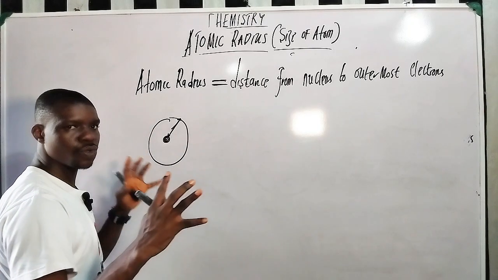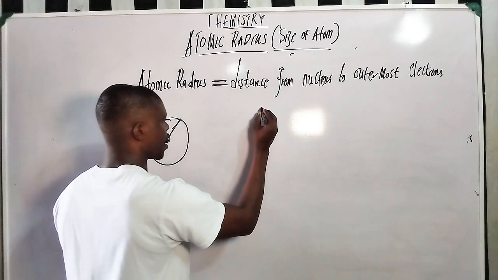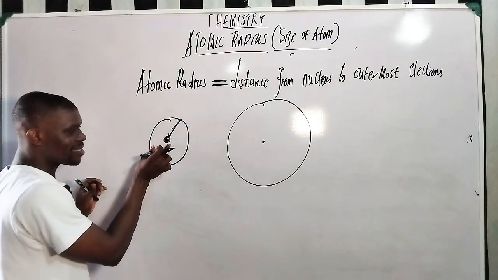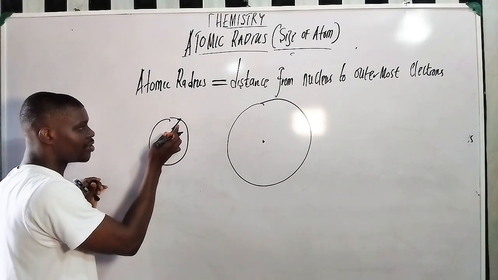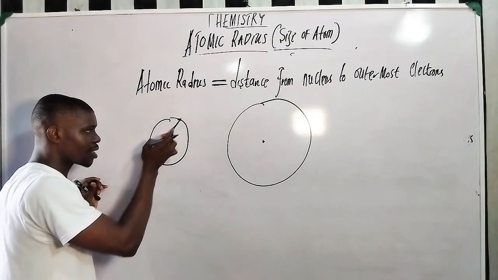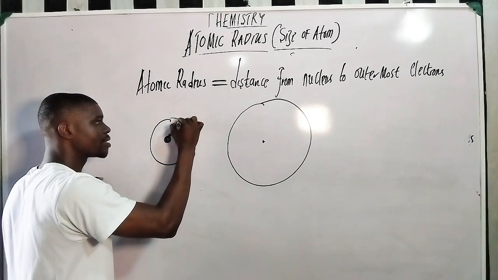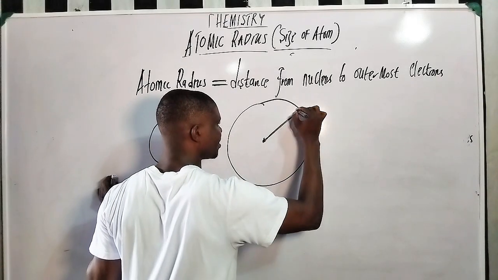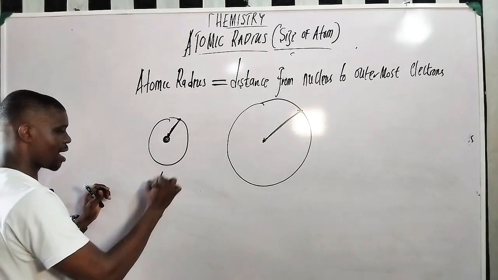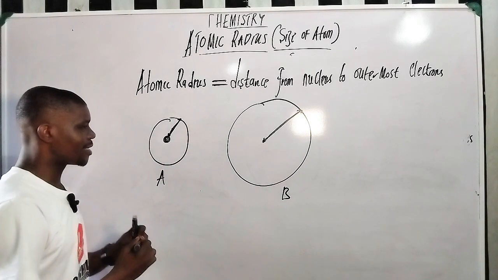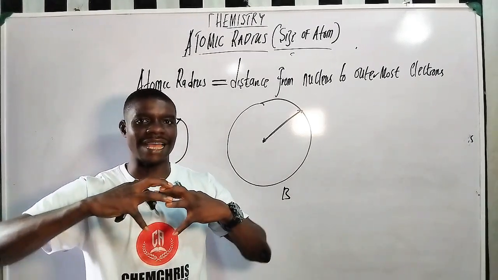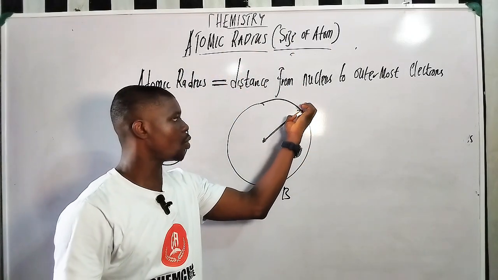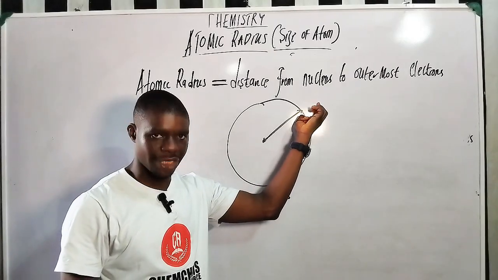Now when you compare two atoms, here we have this one and here we have this one. The smaller the size of the atom, the smaller the distance between the nucleus and the shell. But the bigger the size of the atom, the greater the distance. So if you compare A and B, you can see that as the size gets bigger, the further the shell is from the nucleus.